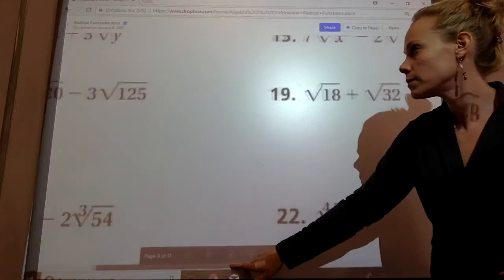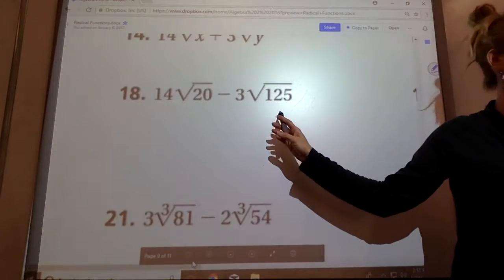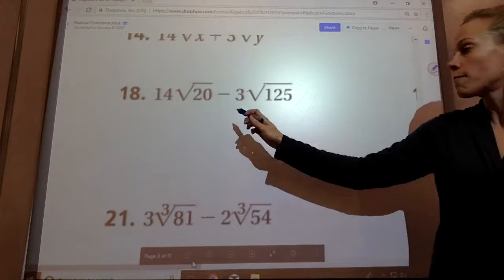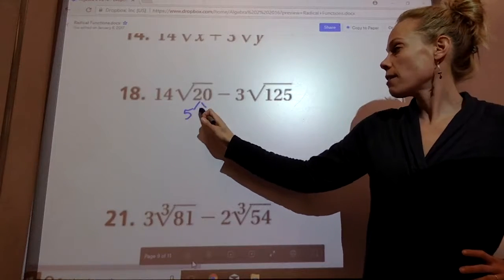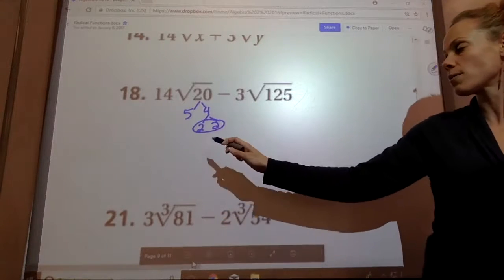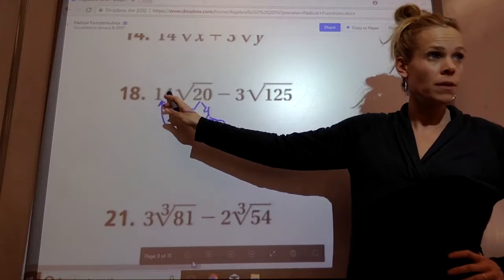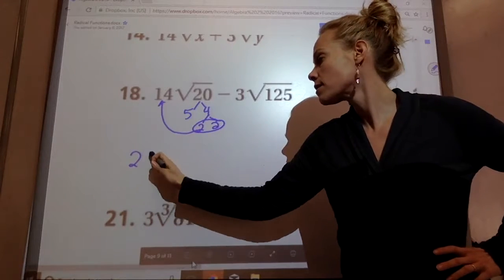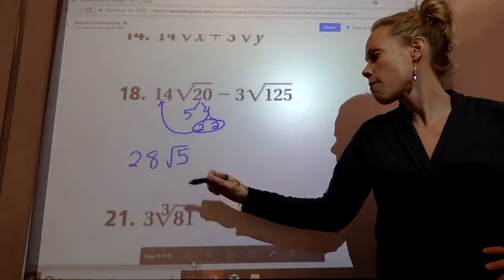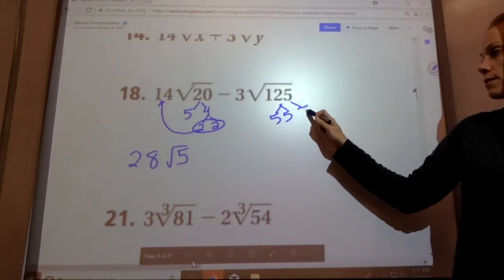Let's try another one. So again, at first they look like they're not like terms, but let's simplify. 20 is 5 and 4, and 4 is 2 and 2. So 2 2's, I take 1 out. That's going to get multiplied by the 14. So it's 28 square root 5. And then 125 is 3 5's.